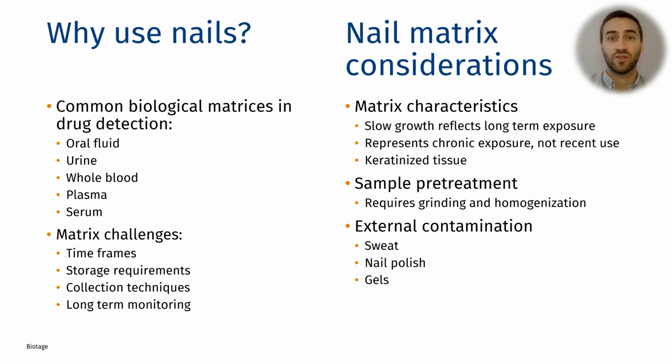However, they are a solid matrix, so for the pre-treatment you do require some grinding, pulverization, some homogenization, and you can have some external contamination, such as sweat, nail polishes, gels, so an efficient decontamination step is required prior to extraction.